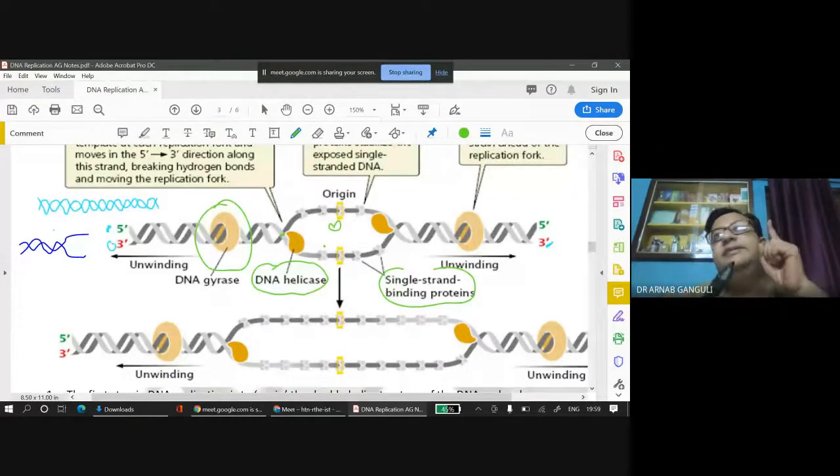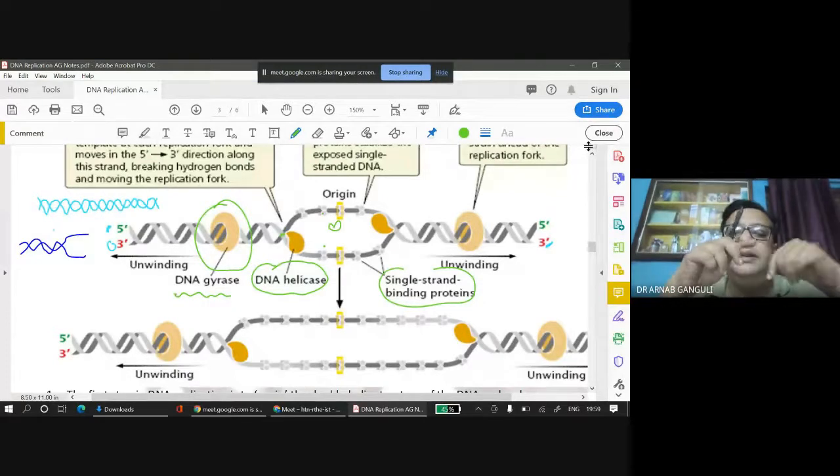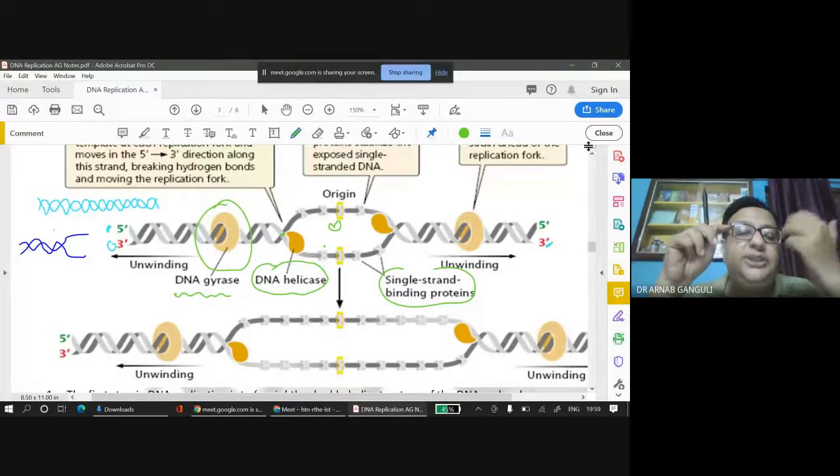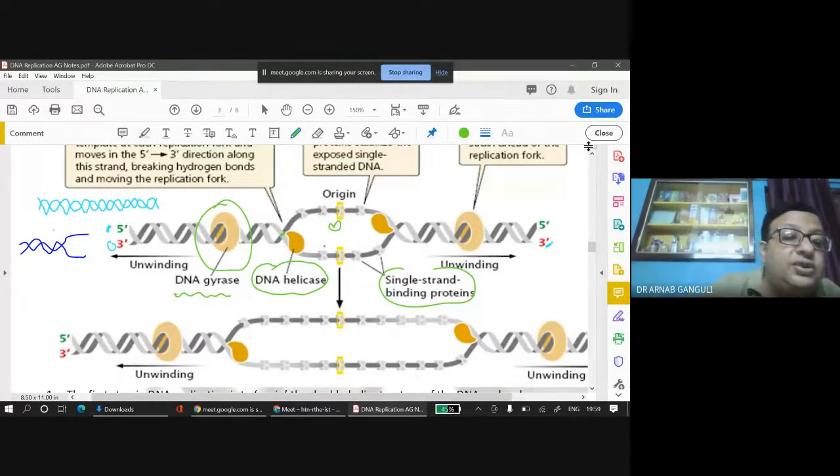This may lead to DNA breakage. To relieve the stress, there is an enzyme known as DNA gyrase. It relieves the stress when it's been in a coiled and twisted state. It is also known as topoisomerase.